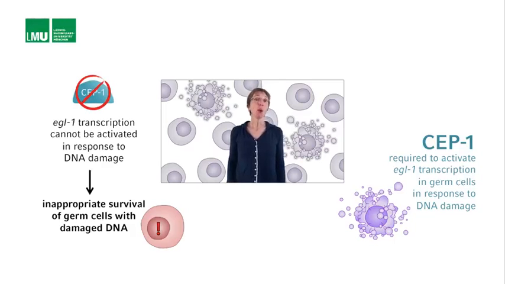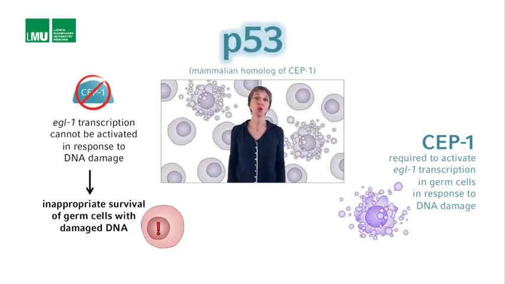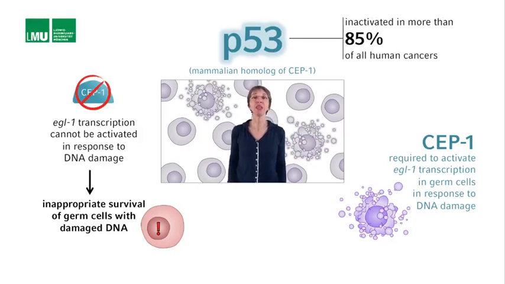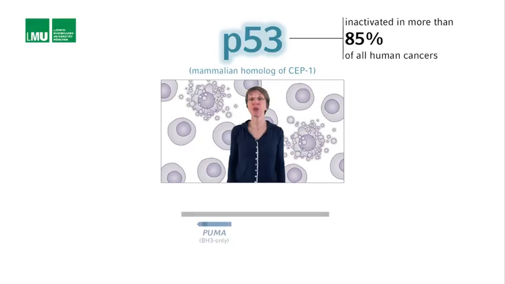The mammalian homologue of SEB1 is p53, an important tumor suppressor that is found inactivated in more than 85% of all human cancers. One important target of p53 is the BH3-only gene PUMA, which demonstrates the importance of being able to eliminate damaged cells in response to insults, such as DNA damage.